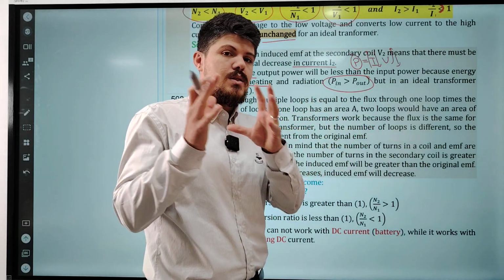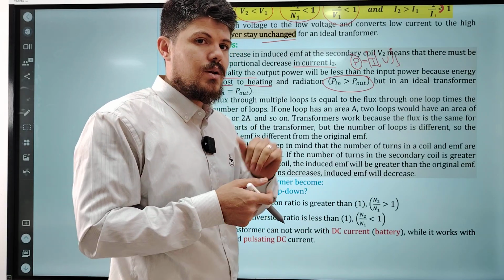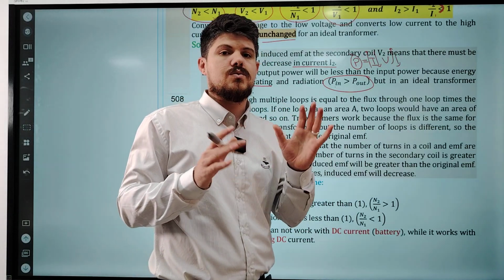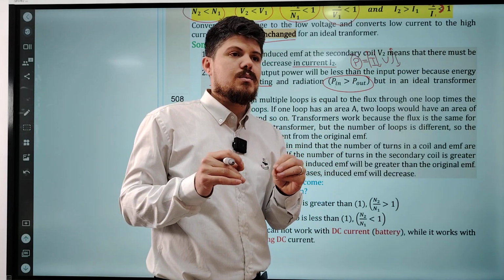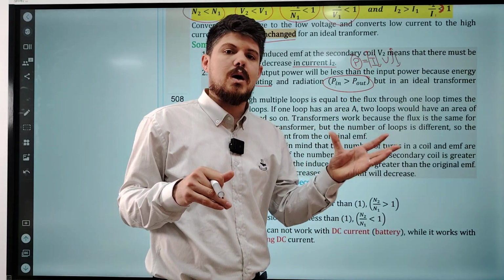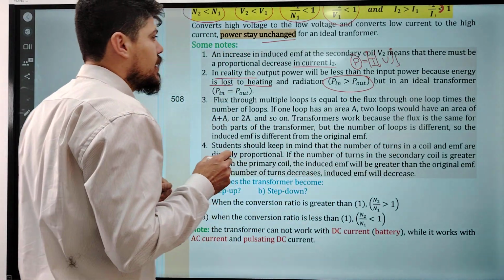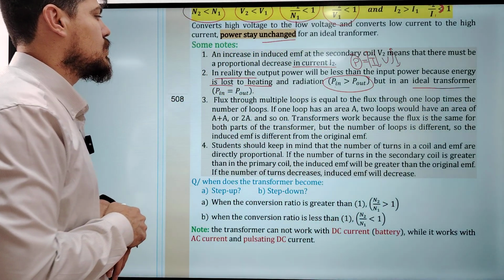That is why the input power is always bigger than the output power in a real transformer. But in an ideal transformer there is no loss of power, so the input power is equal to the output power.